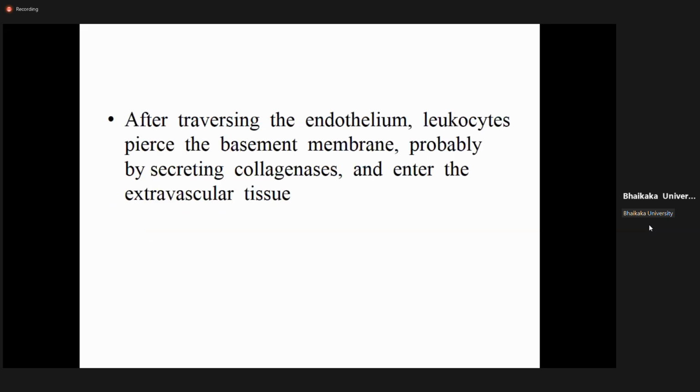After the cell traverses the endothelium, leukocytes pierce the basement membrane. Outside the endothelial cell wall, there is the basement membrane. This membrane is pierced by leukocytes by the secretion of the enzyme collagenase, which will destroy the basement membrane, and that way leukocytes come to lie in the extravascular space.